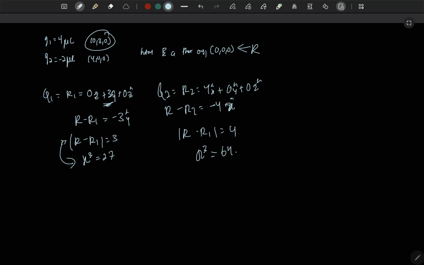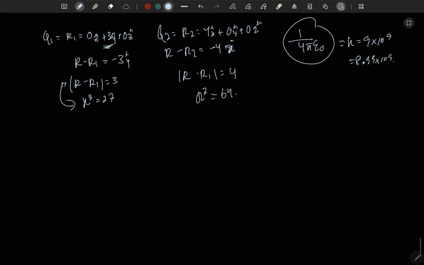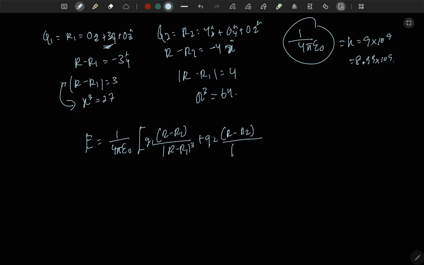Now if you still remember, I mentioned that this one would become K, and K would become 9 times 10 power of 9, or in this case we assume it's 8.99 times 10 power of 9. If you remember, the original equation was: Q1 times (R minus R1) over the modulus of R minus R1 cubed, plus Q2 times (R minus R2) over the modulus of R minus R2 cubed.